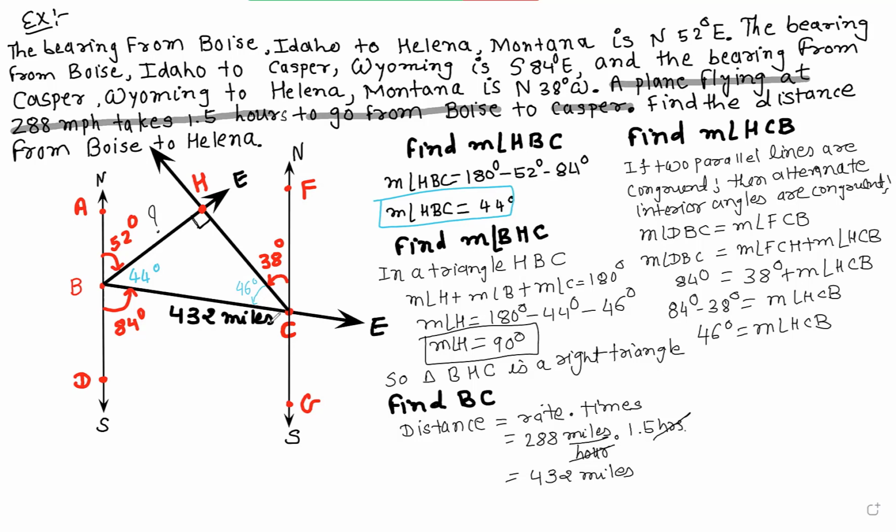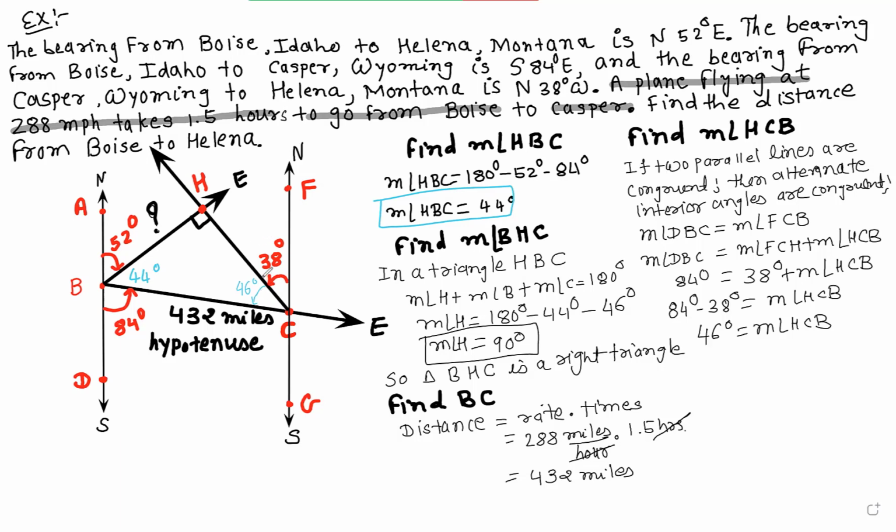The question is asking, find the distance from Boise to Helena. In front of the right angle is always the hypotenuse. So the length of the side in front of the right angle is the hypotenuse. And we're looking for this side, BH. So to use this right triangle, we can use either this angle or we can use 44. If we decided to use the 44 degrees angle, then we have to use cosine, because cosine gives us adjacent over hypotenuse. If we decided to use sine, then we'll find this length, which we don't need.